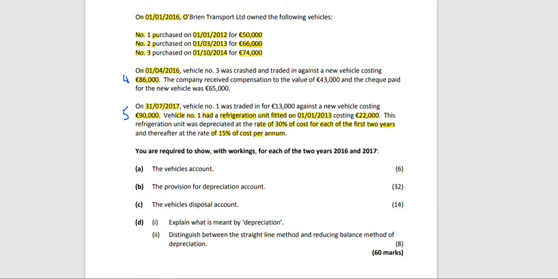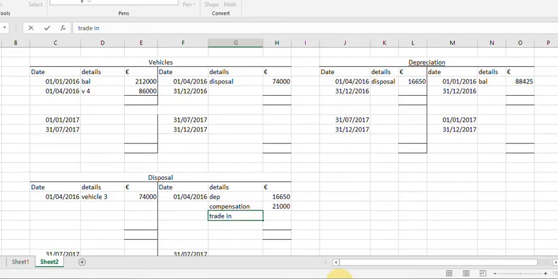The cheque paid was 65,000. The new vehicle cost 86, so the difference between 86 and 65 is 21. So there must have been a trade-in allowance of 21,000.